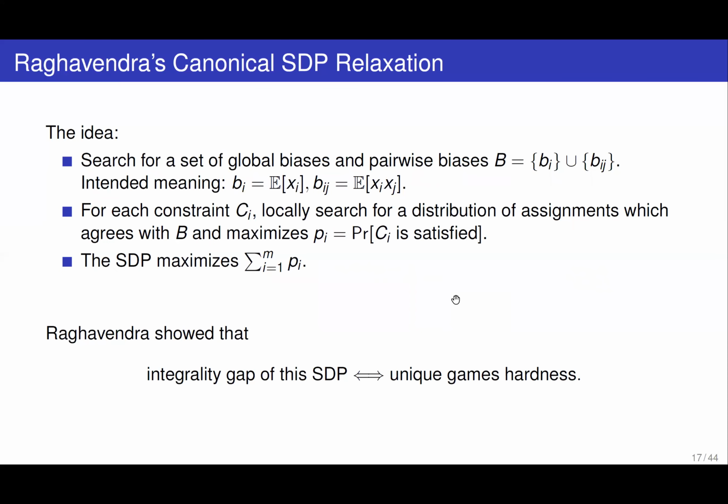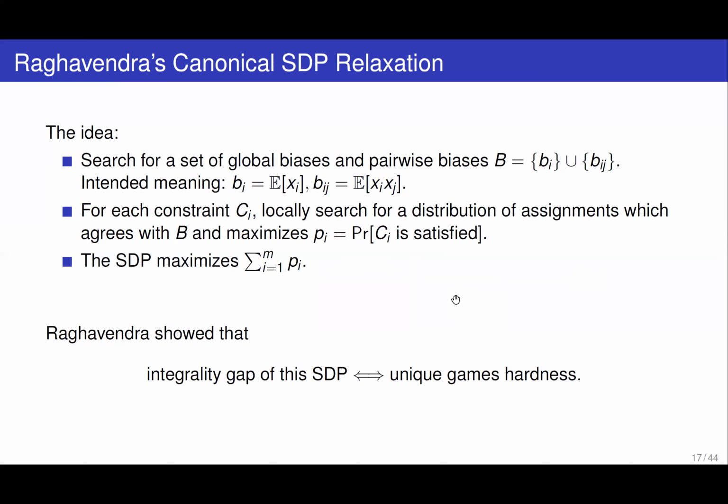Let's first look at Raghavendra's canonical SDP relaxation. The idea behind this SDP relaxation is to search for a set of global biases and pairwise biases. The intended meaning of the bias b_i is the expected value of x_i, and b_ij, the pairwise bias, is intended to mean the expected value of x_i times x_j.